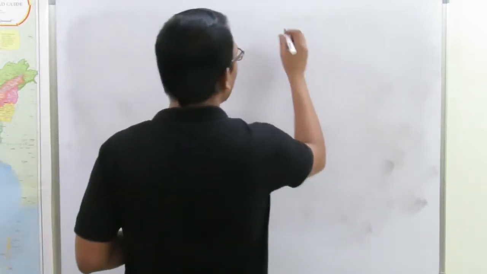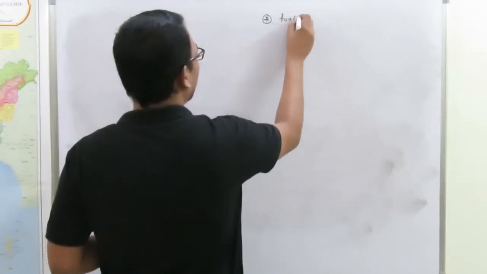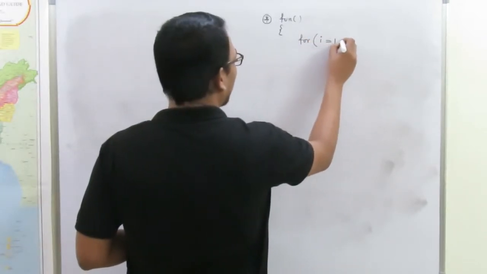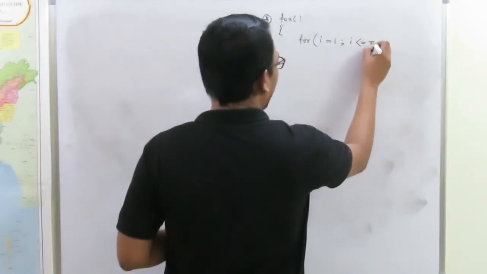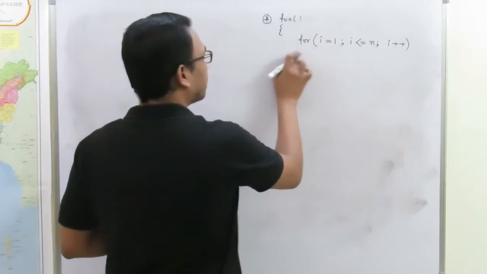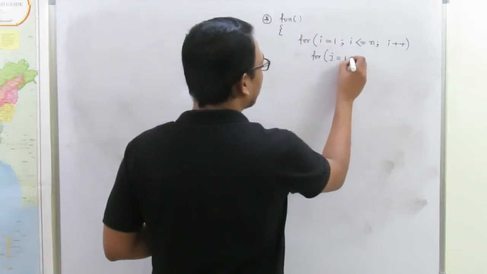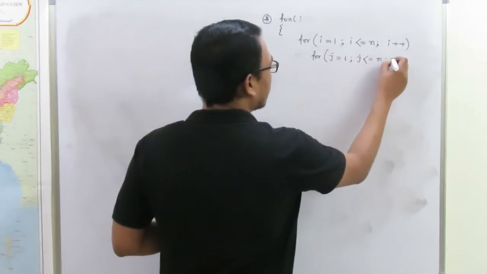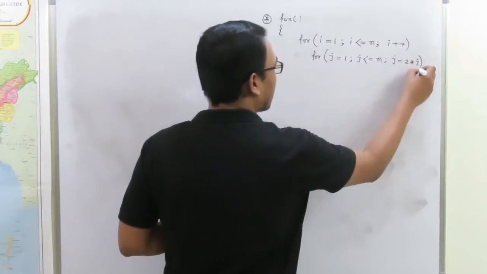So let's say a problem is given as a function: for i equal to 1, i less than or equal to n, i plus plus, and then for j equal to 1, j less than or equal to n, j equal to 2 into j.